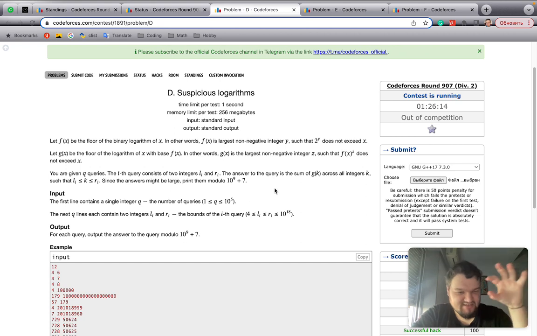Because we have just 2 logarithm segments, we can iterate over all of them for each query, but technically it is not needed.